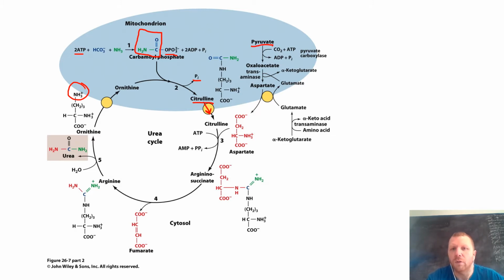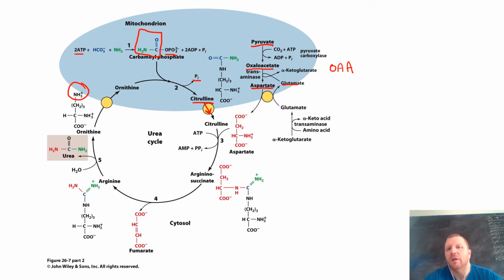What we're going to do with that pyruvate is use the enzyme pyruvate carboxylase to carboxylate it and make oxaloacetate. With that oxaloacetate, also known as OAA, we can use glutamate to do a transamination reaction and produce aspartic acid, or aspartate.